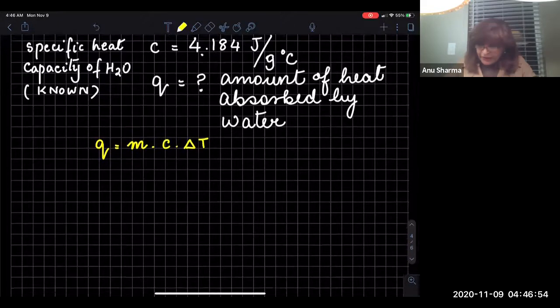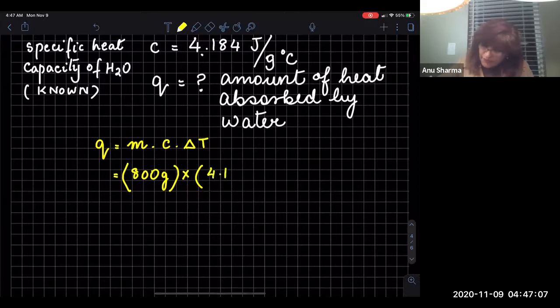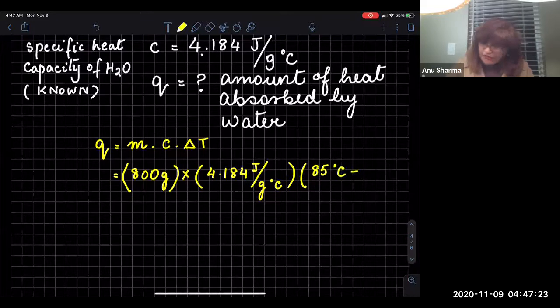So we are given the mass, which is 800 grams. We know the value of the specific heat of water, which is 4.184 joules per gram degree Celsius, into the change in temperature, which is T final, 85 degrees Celsius, minus the initial temperature.